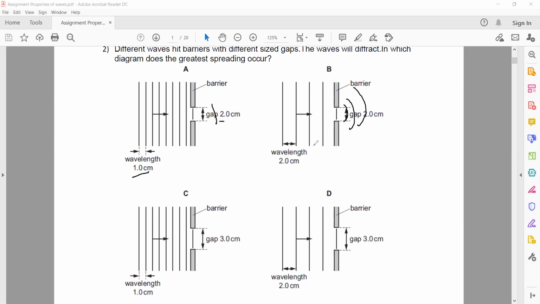If the wavelength was bigger than the gap size, or the gap is smaller, then diffraction also occurs, but a small amount compared to when the wavelength is equal to the gap size. So either it should be equal or the gap should be smaller than the wavelength for maximum diffraction to occur.